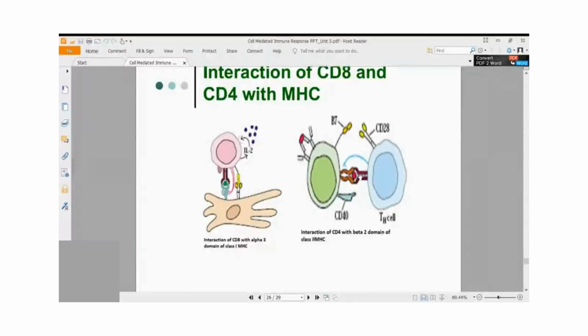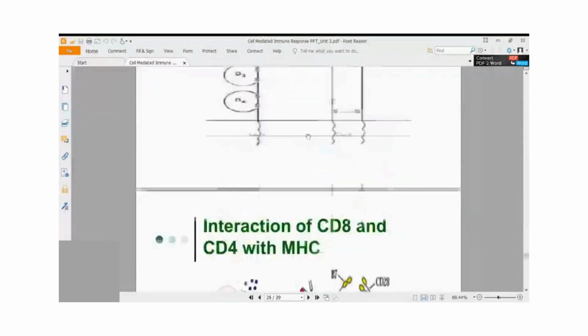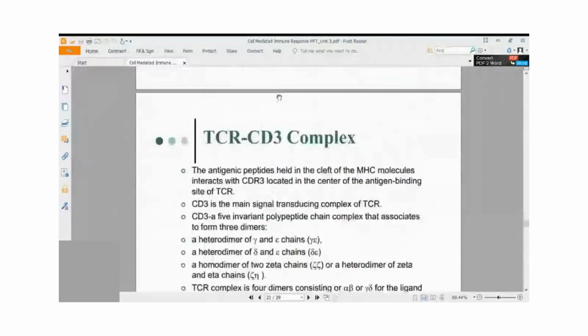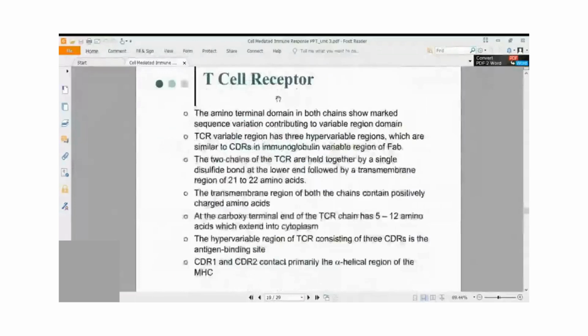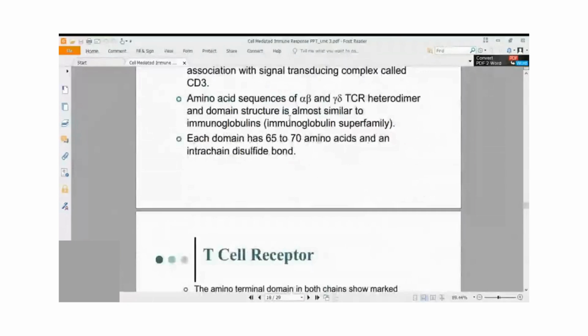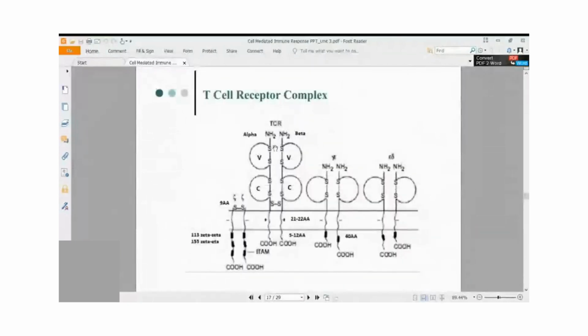And that makes the T cell receptor receive the signal of that antigen. This region of the TCR, that NH2 domain, which opens out like a trough, facilitates the T cell receptor to interact with the antigen properly and receive that antigen signal, and that will be fitting into the CDR1, CDR2, CDR3.